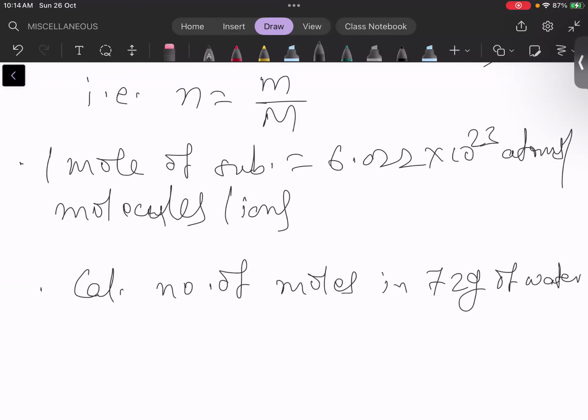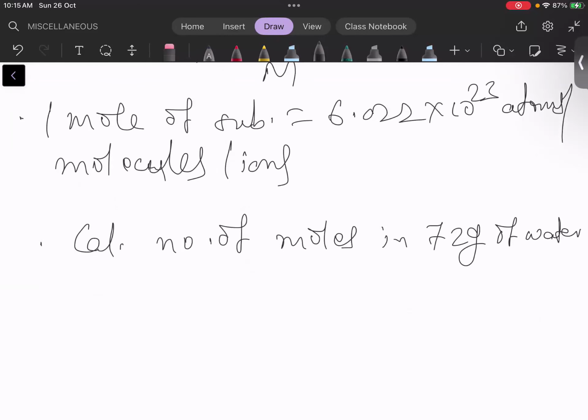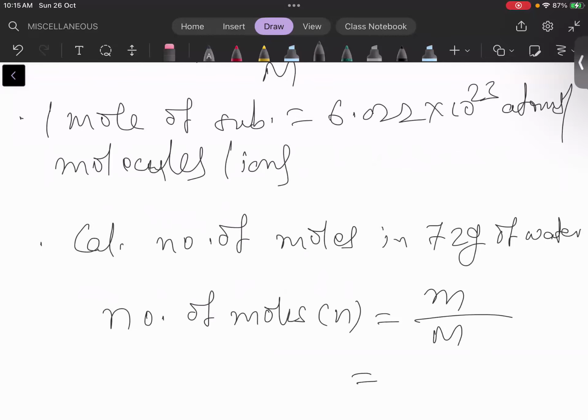How to calculate it? You have to calculate by using formula number of moles in bracket small m, that is equal to m upon capital M. M means given mass.